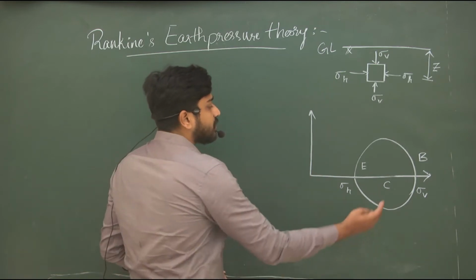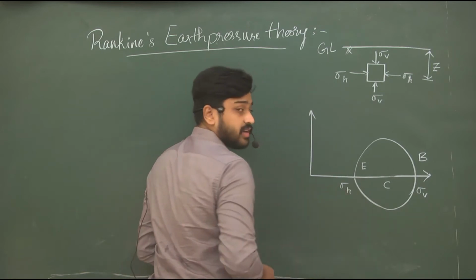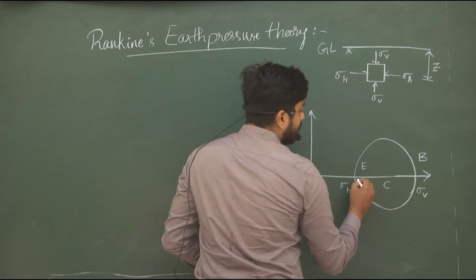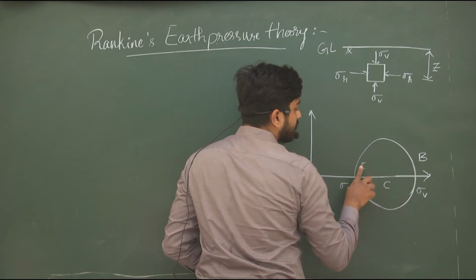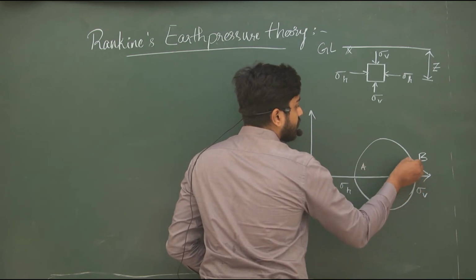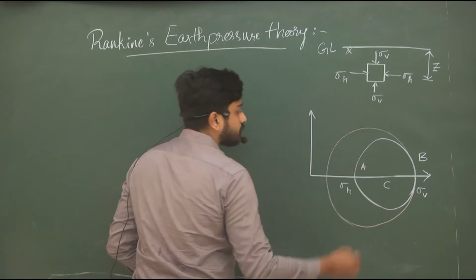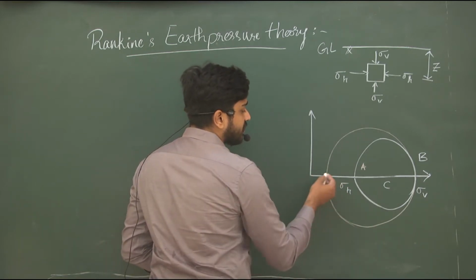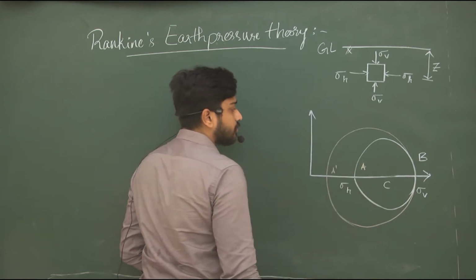So that is why sigma h is now decreasing. Let us keep the vertical stress sigma v as constant, and let us decrease the sigma h now. Let us say after a certain amount of time, let us denote this by a, and after a certain time let the circle be in this manner, because sigma h has now decreased. Let us denote this as a dash.